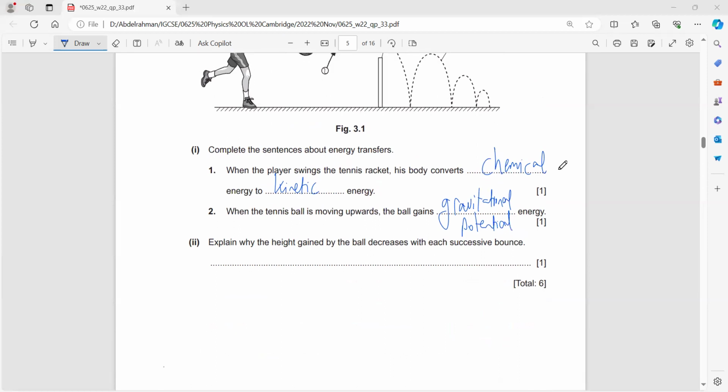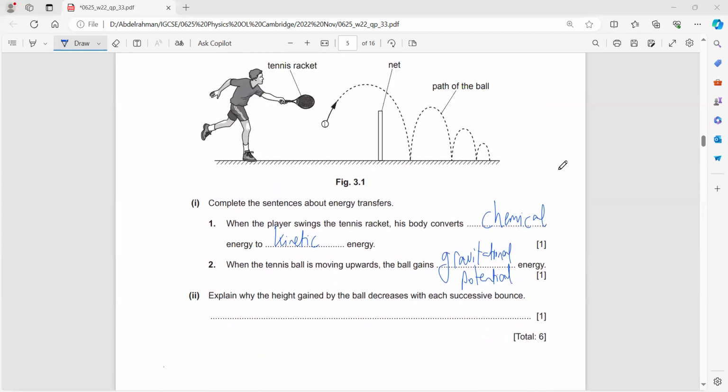Explain why the height gained by the ball decreases with each bounce. Gravity? No. Energy loss. Energy transferred to the ground, or energy is lost. Right. The phrase energy is lost is good. Transferred to the ground means it is lost to the environment, which is okay.